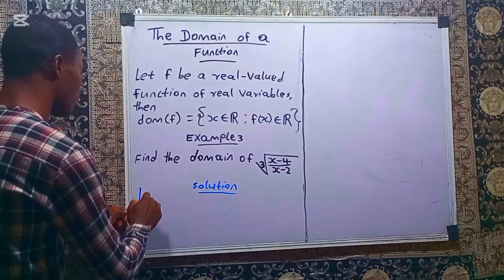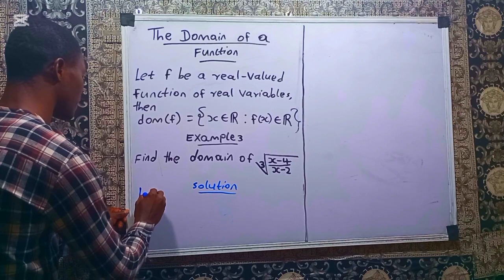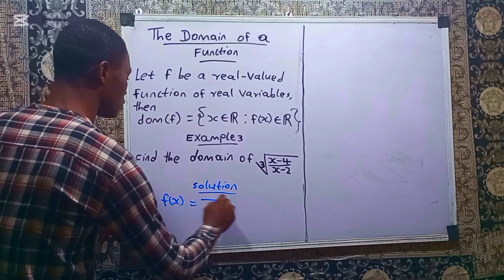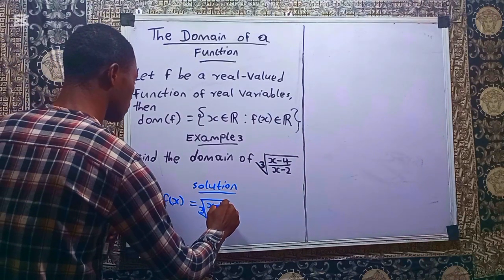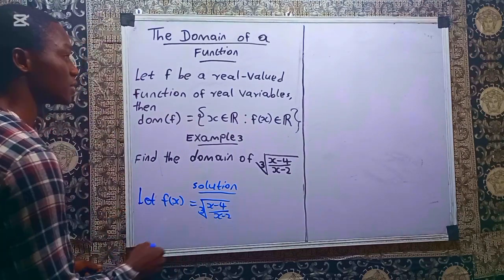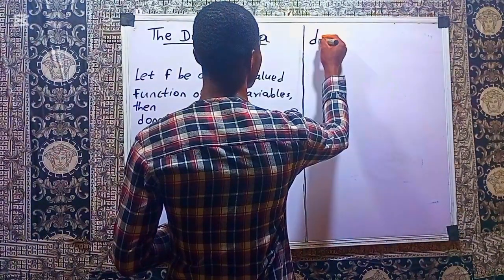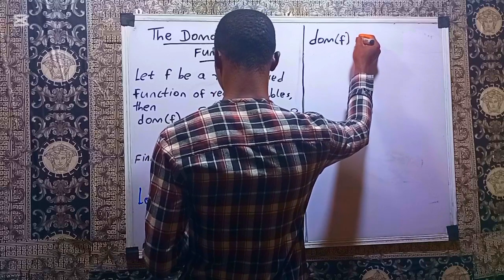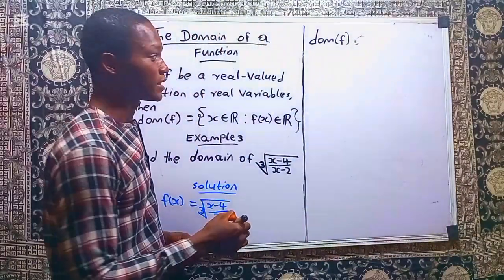So we can call this function f of x. Let f of x be equal to third root of x minus 4 divided by x minus 2. So then we are looking for what? The domain, right? Then the domain of f, which is dom f, will be, let's draft the sketch for the domain.